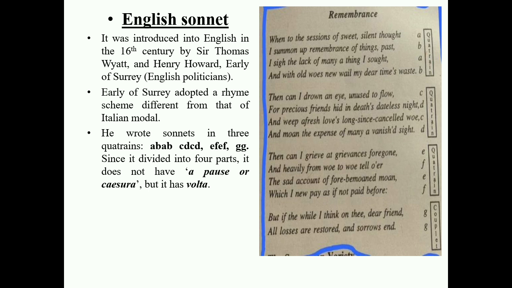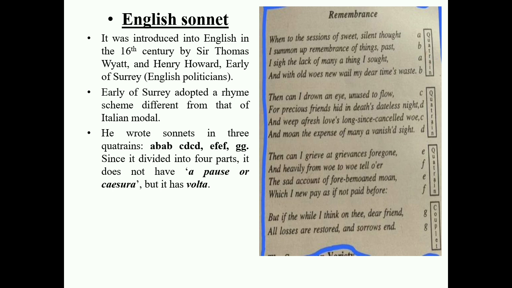In the Italian form, we do not have a couplet; we have tercets. 2 sets of tercets we have. So in the Italian sonnet, they divided the first part with the 2 quatrains and the second part with the 2 tercets, or you can call it a sestet, right?